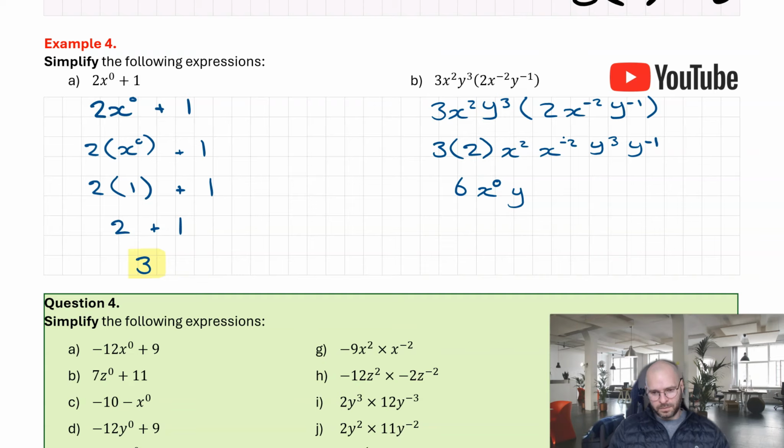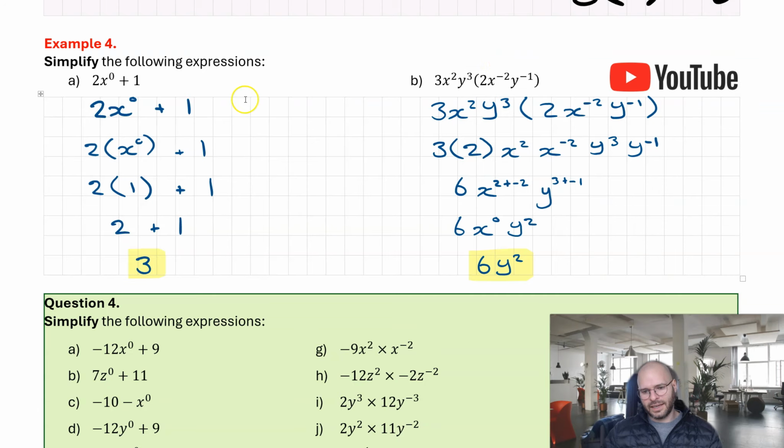So what we can do is we're allowed to start summing the exponents. Same with the y's, 3 plus negative 1. The simplification of this is we have x to the power of 0, we have y to the power of 2. So this is going to become 6y squared.